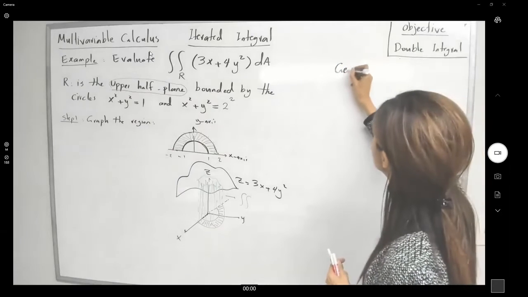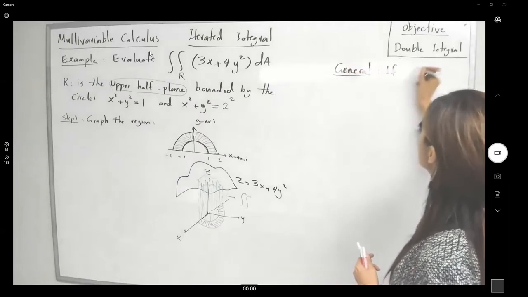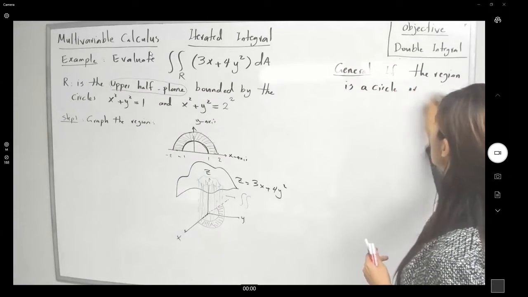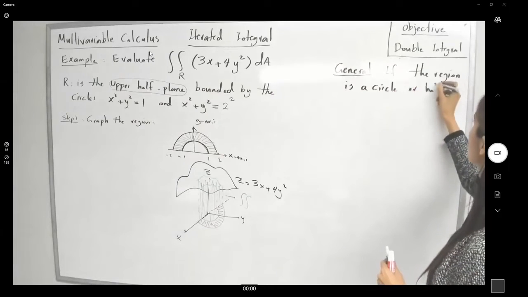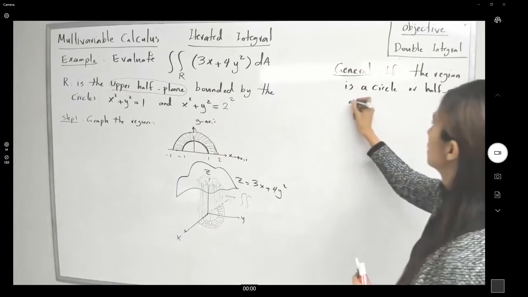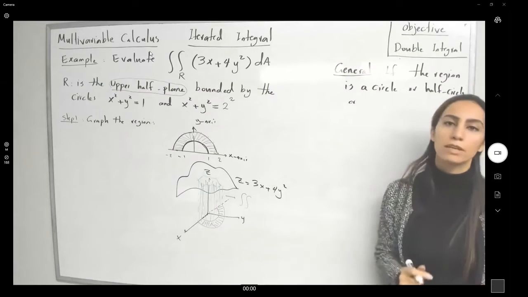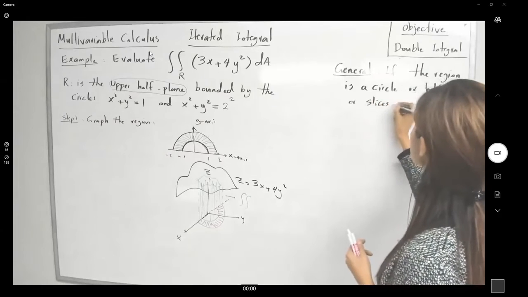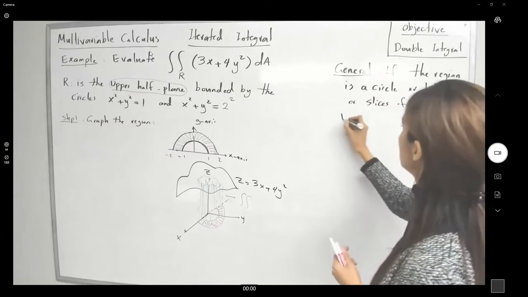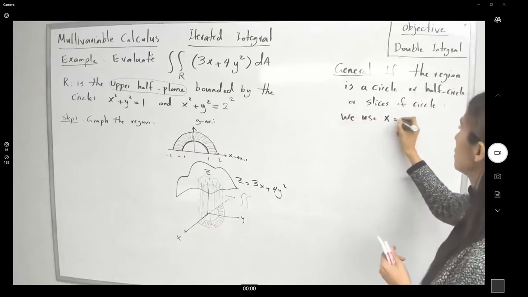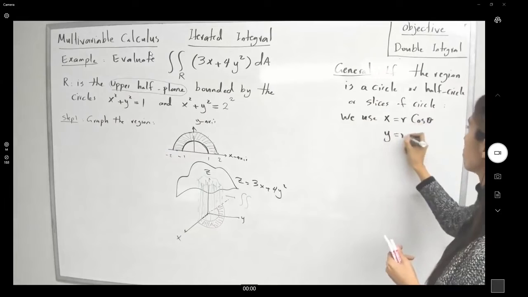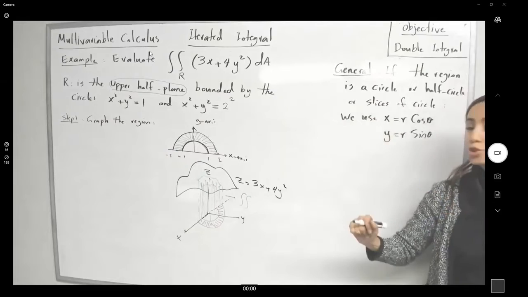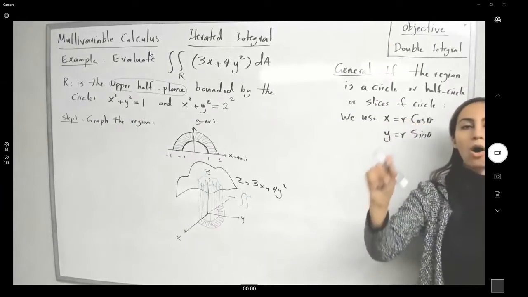So in general, if the region is a circle, or half a circle, or it has some elements of a circle, some part of it, some slices of circles, we use x equals r cosine theta, y equals r sine theta, and we convert the double integral to an integral with r and theta.